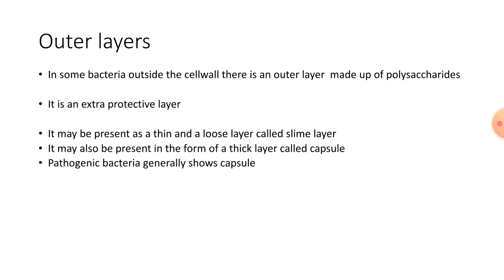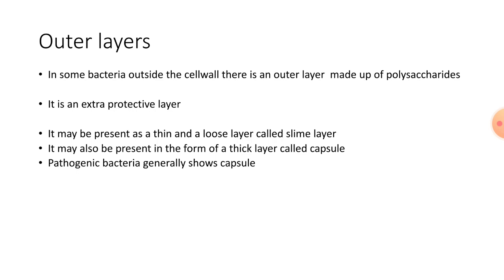If the outer layer is thin and loose, then it is called a slime layer. If this outer layer is somewhat thicker, then it is called a capsule. Generally, pathogenic bacteria show a capsule. The slime layer or capsule, as we discussed, provides extra protection for the bacteria.